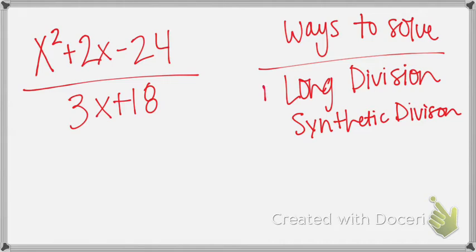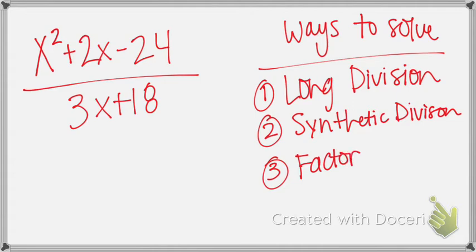So we can also factor, and then at the end, when we get done factoring, we can do what? Okay, we can simplify, but if there's one on the top and one on the bottom, we can cross out. Okay? So out of those 3 options, which ones are we most, I guess, confident in doing? Factoring and then crossing out, right?